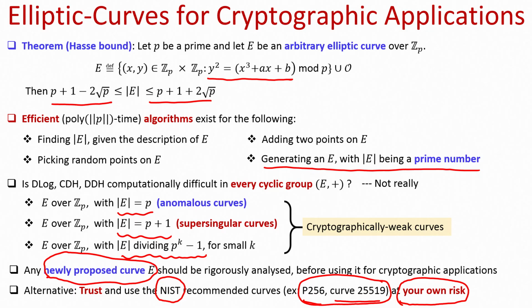So, that brings me to the end of this lecture. Just to summarize, in this lecture we have introduced the second class of cyclic groups where we believe the D-log, CDH and DDH problems to be difficult, namely the cyclic groups based on elliptic curves modulo a prime. The advantage of these groups compared to the cyclic groups of ZP star, multiplicative modulo P, is that here the best known algorithms for solving the D-log problem take order 2 to the power n by 2.